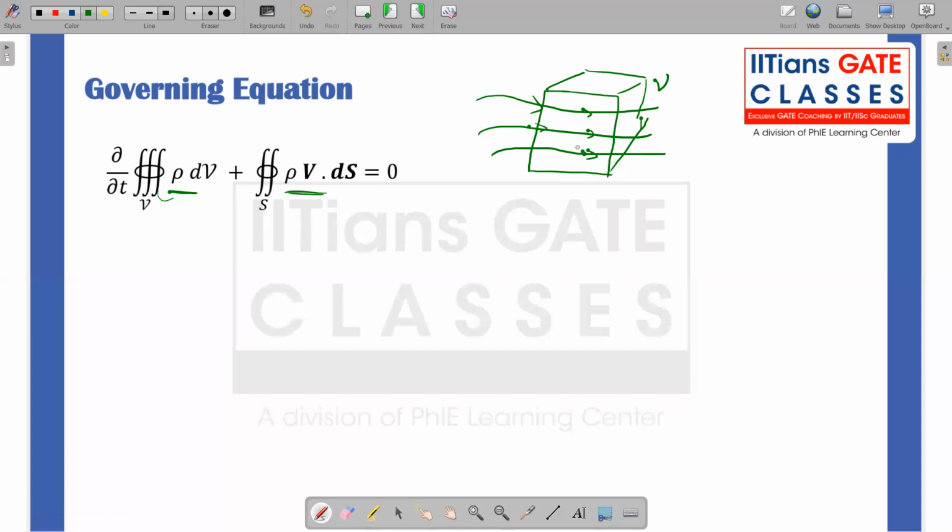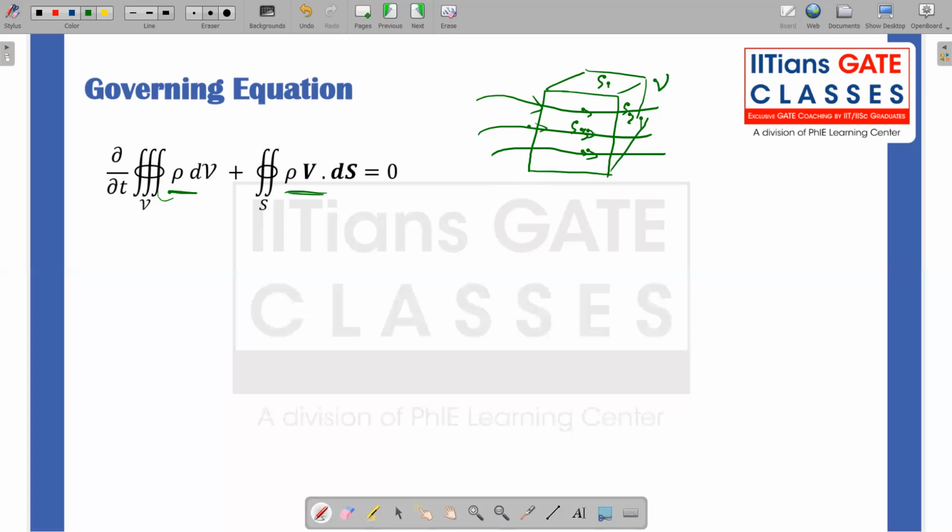So basically, what we have is a volume enclosed by a set of control surfaces, say surface 1, surface 2, surface 3, like that. We have six different surfaces for a volume.